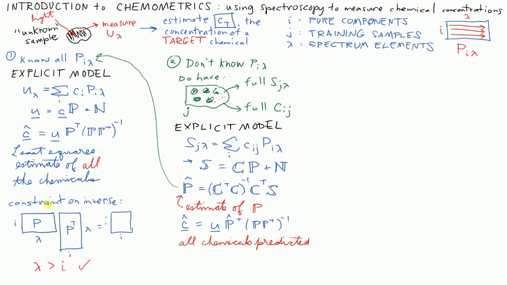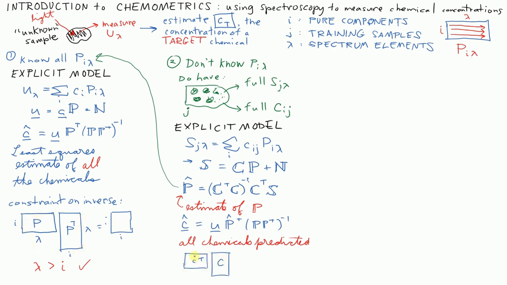What about the constraint on the inverse? Well, in addition to having the PP transpose inverse having to exist stably, which again implies that lambda has to be greater than I, we also have a C transpose C matrix. So what does the C matrix look like? The C matrix would need to be taller than it is wide, in order for a C transpose, multiplying it from this side, to lead to a reduced size square rather than a big sized square.